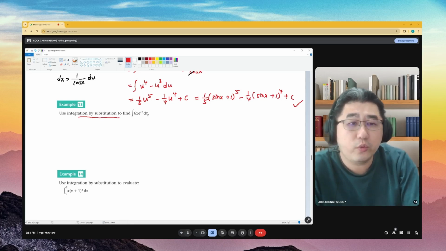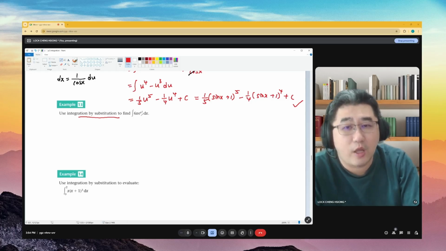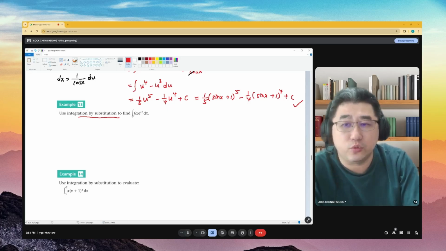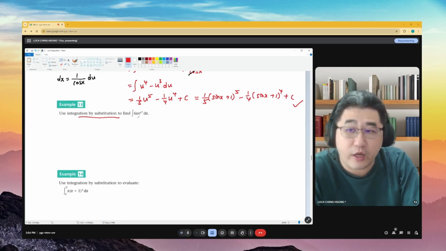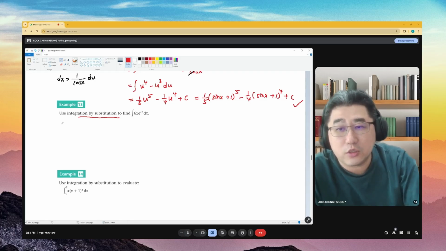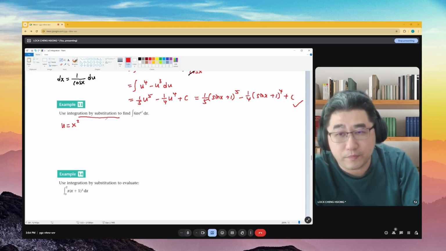The only way for you to know what to substitute during the exam is from your past experience, depending on how many exercises you do. If you didn't do any questions, of course you wouldn't know. But students who put in the effort and try out all the questions are able to tell that the substitution is u equals x squared.